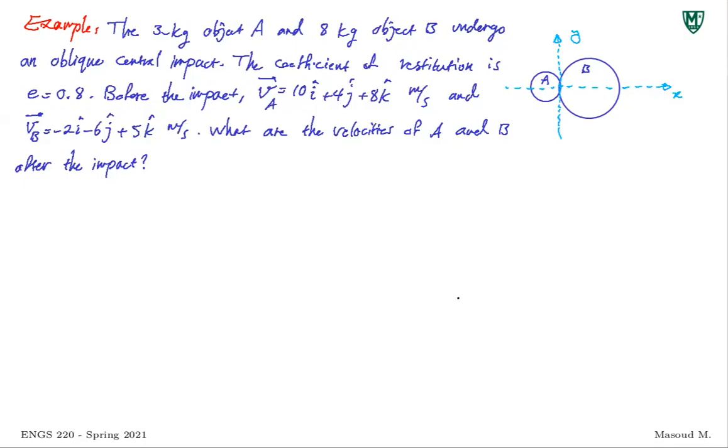By looking at this, you realize that the y component of A is 4 meters per second, and the z component is 8 meters per second. These components are going to be the same after the impact, because of the way we are given these in x, y, z coordinates, x is the line of impact. So this is the line of impact.